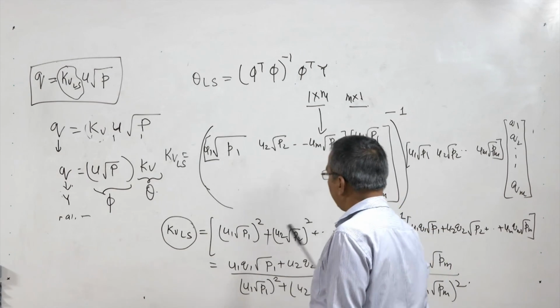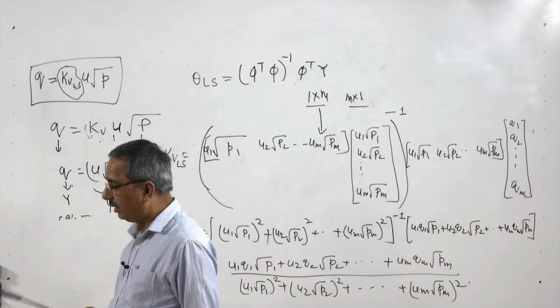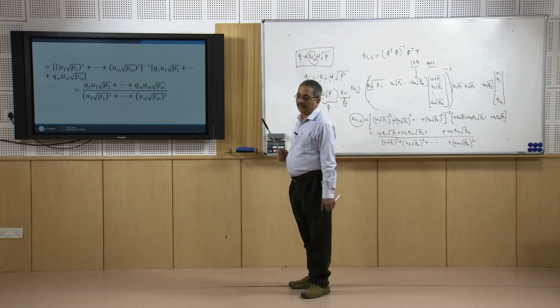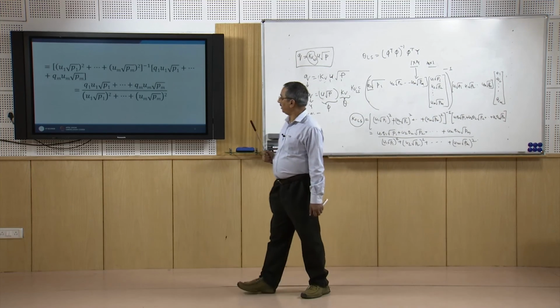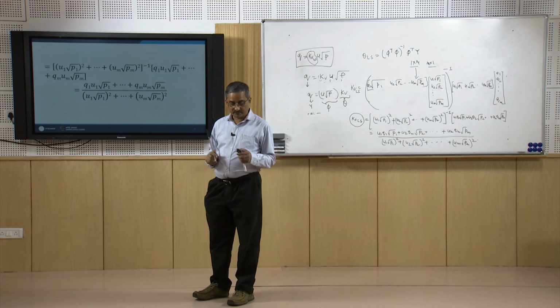So these things I need to know, then I can estimate this value of the unknown parameter kVLS. Okay. So with this I will conclude this lecture. Thank you for your attention.